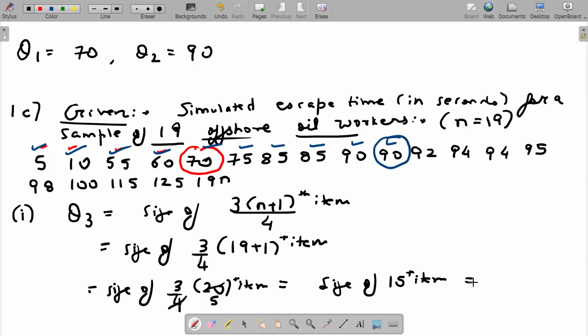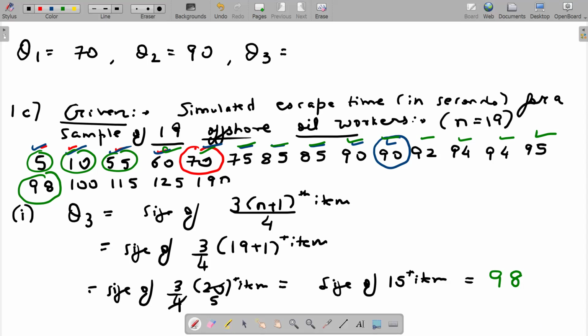Now, what is the 15th item? 1, 2, 3, 4, 5, 6, 7, 8, 9, 10, 11, 12, 13, 14, 15. 98 is the 15th item. So on the top, I can write that my Q3 has come out as 98.